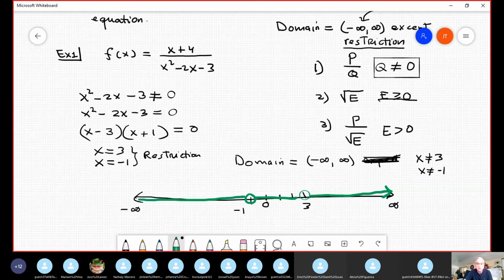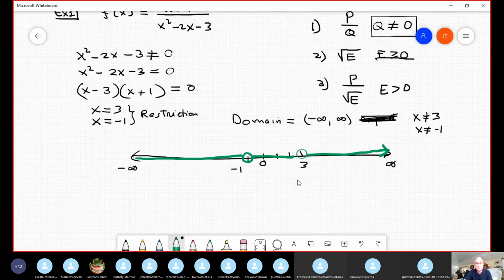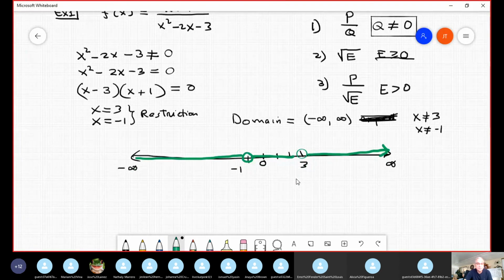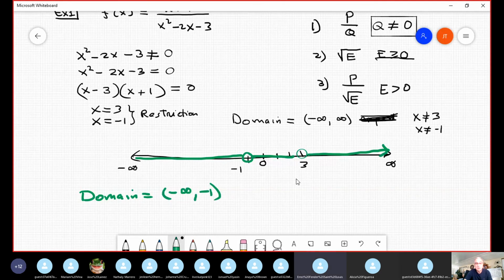So what is my beautiful answer in interval notation? The domain is from negative infinity to negative 1. Then from negative 1 to 3.